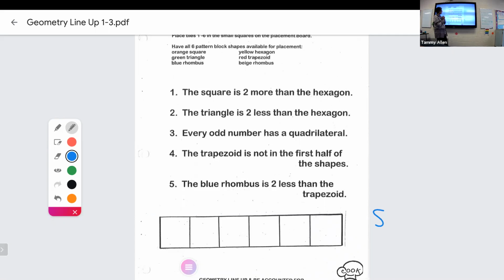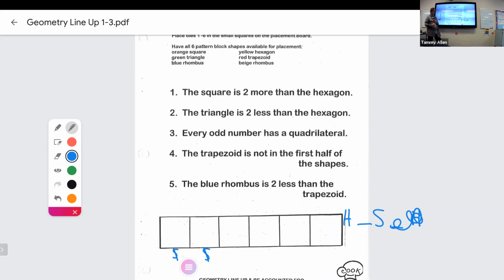If our square is 2 more than the hexagon, the hexagon would be over here? No? Over here? Okay. Because the square is 2 more than the hexagon, right? So the square cannot be here, and the square cannot be here, right? Does that make sense?